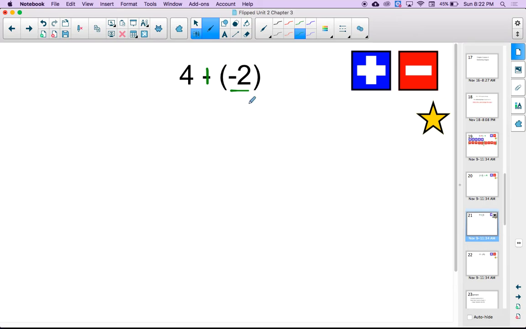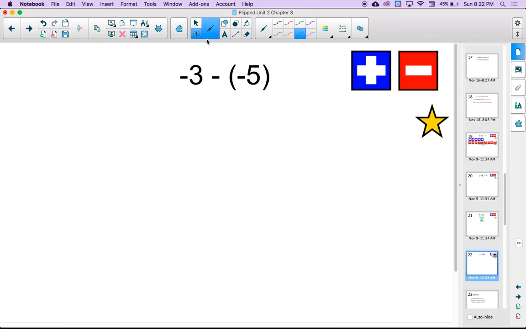This is already a negative 2, so to change the sign, we make it a positive 2. Well, now this problem is 4 plus positive 2. We've been solving problems like that since elementary school. 4 plus 2 is 6, and that is our answer there.